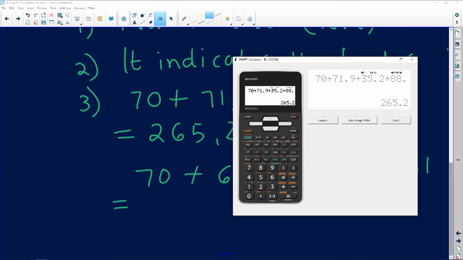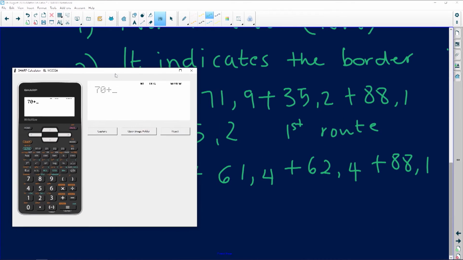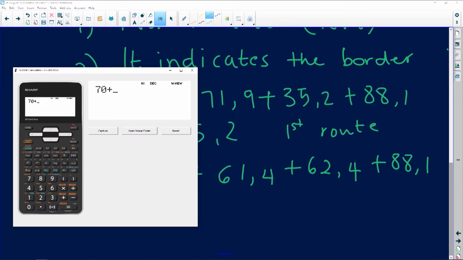So that would then be 70, and then my 70 then plus 61.4 plus 62.4 plus 88.1, which is the last one.